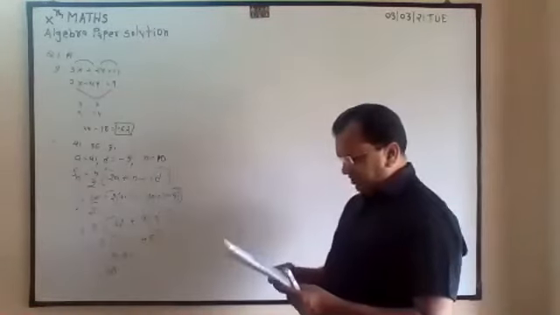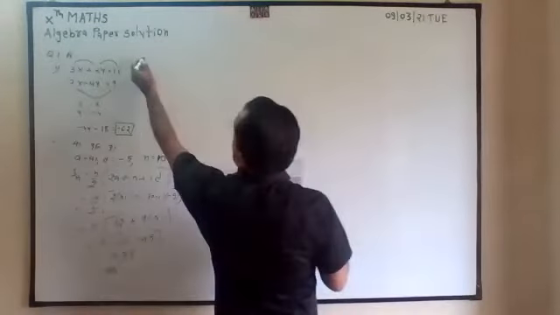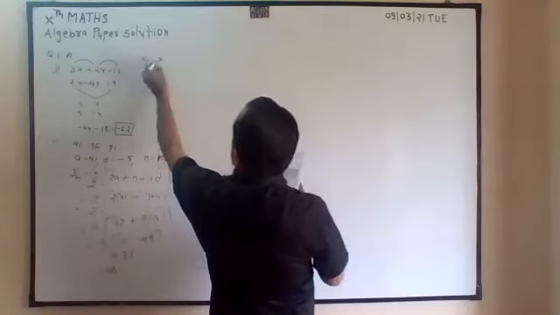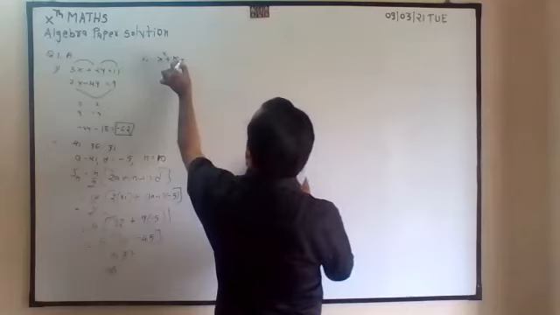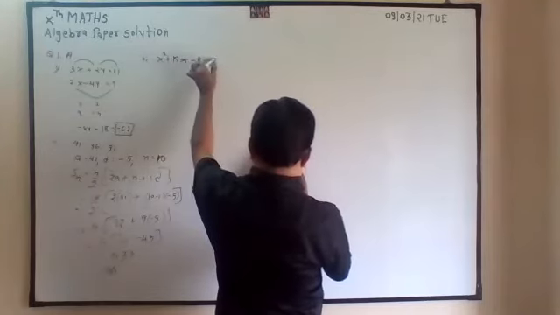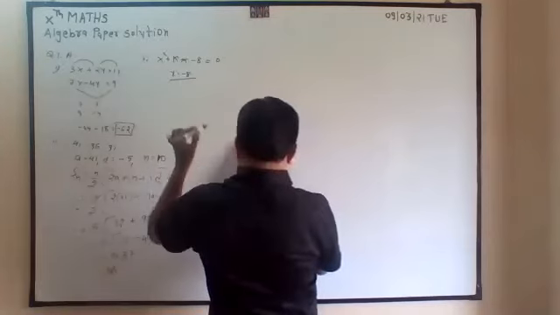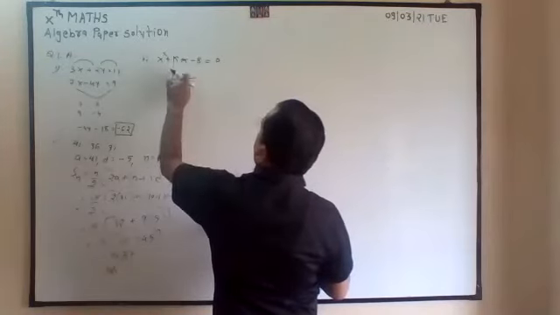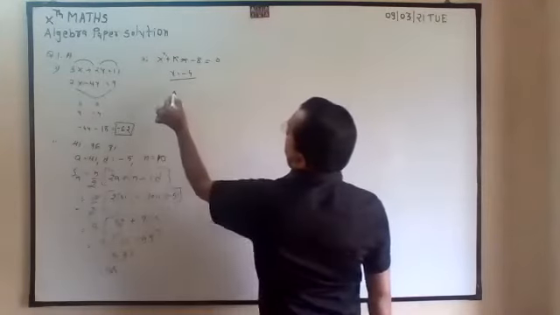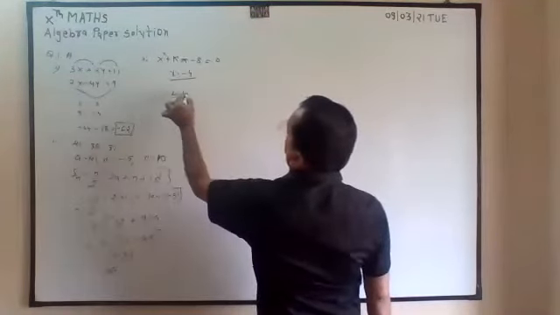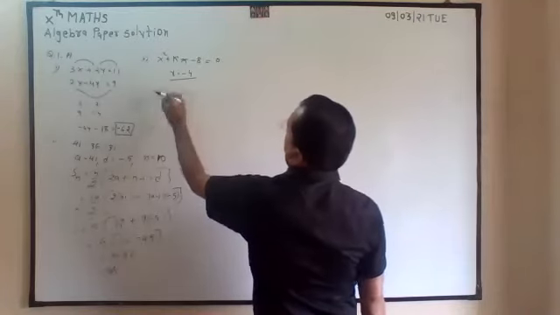Which of the following is the value of k? x square plus kx minus 8 is equal to 0. x is equal to minus 4. So left hand side, no, it is given as a root, sorry.